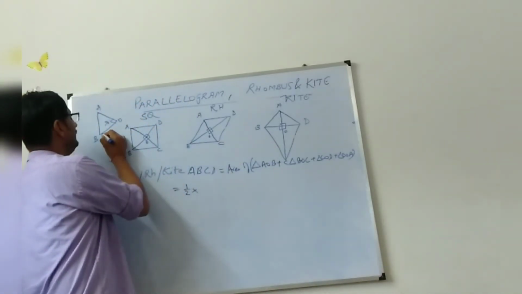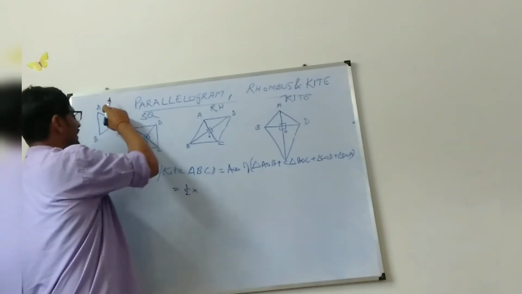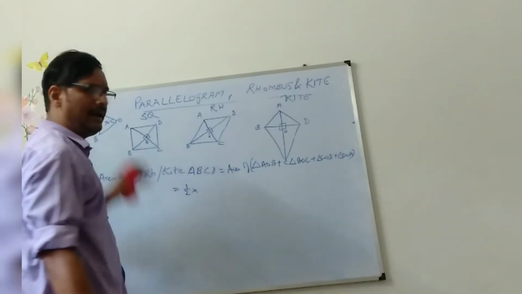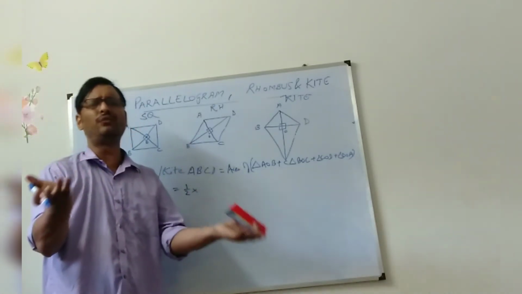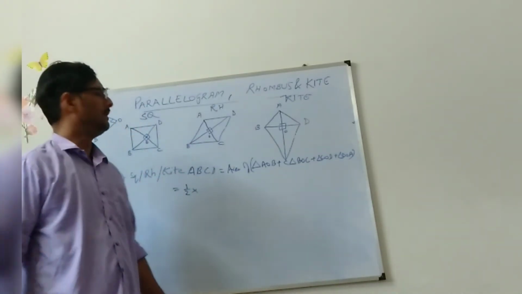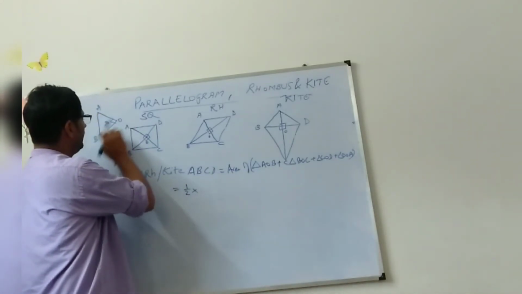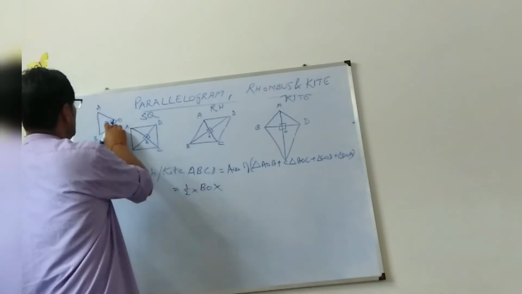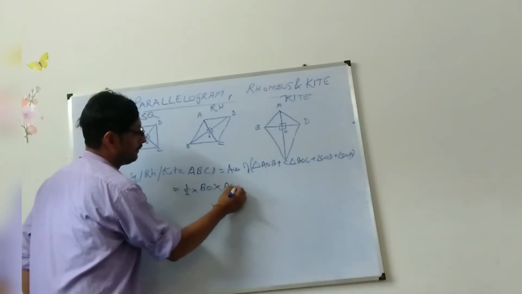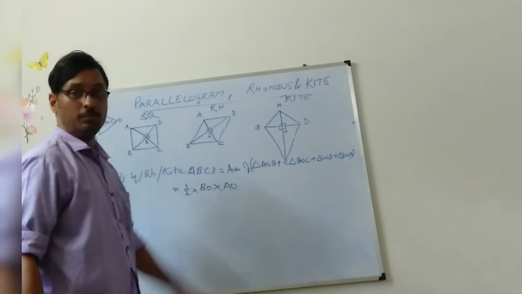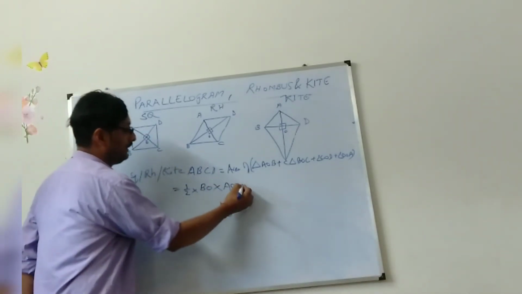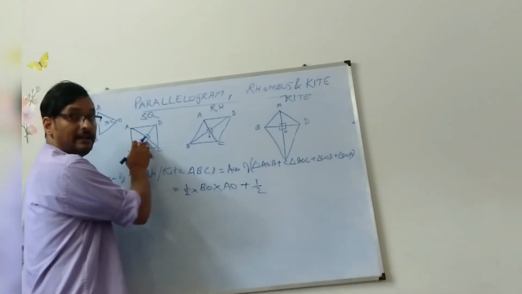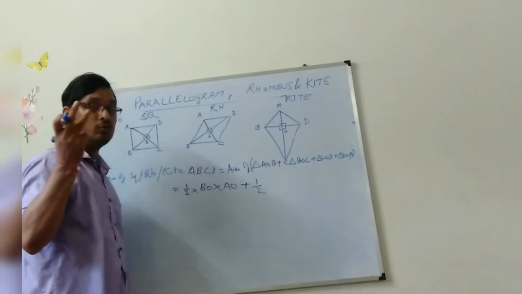If you are treating this as base, then this one will be height. If you are treating this one as base, then this one will be height. Whatever you feel like, you can treat any one of them. So if I am treating BO as base, then AO will be height for AOB. With respect to BOC, the same logic is applicable. Over here it is 90 degrees, made up of 2 sides.